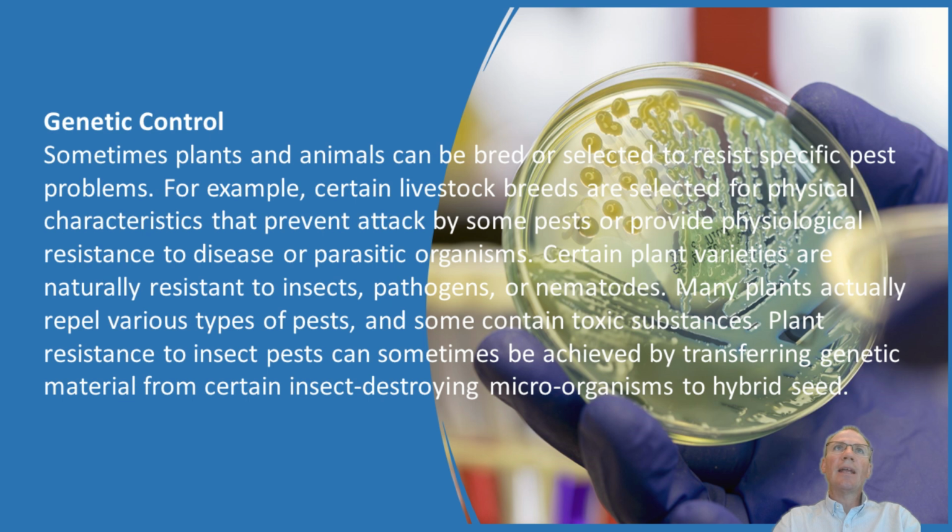Certain plant varieties are naturally resistant to insects, pathogens, or nematodes. Many plants actually repel various types of pests, and some contain toxic substances. Plant resistance to insect pests can sometimes be achieved by transferring genetic material from certain insect-destroying microorganisms to hybrid seed.